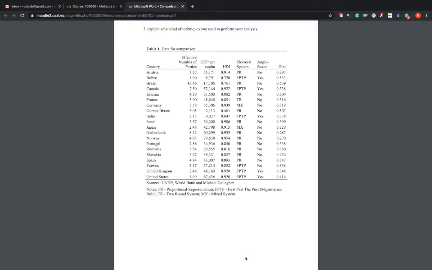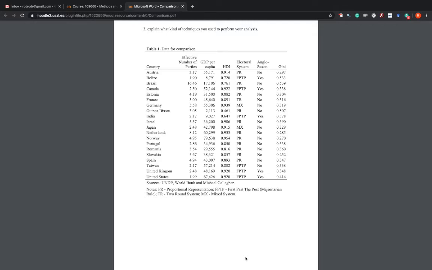So what I wanted you to do is to understand this logic through inductive thinking, through analyzing the data and through the empirical analysis of the data.